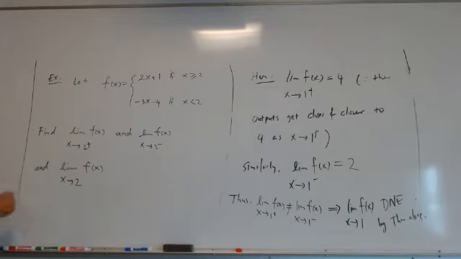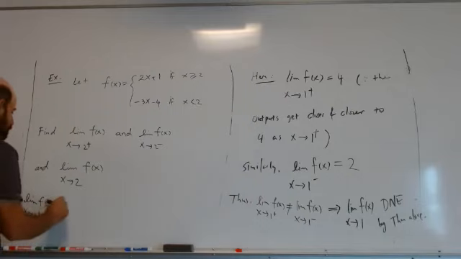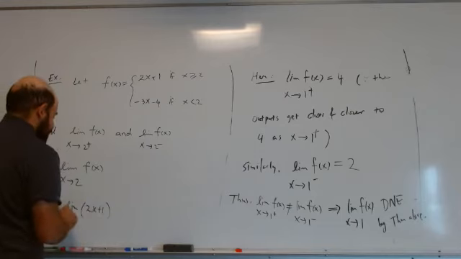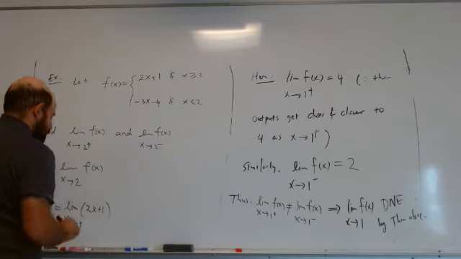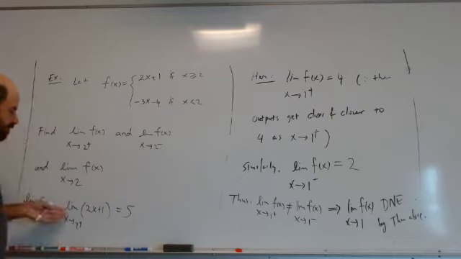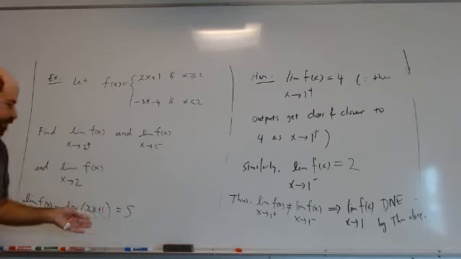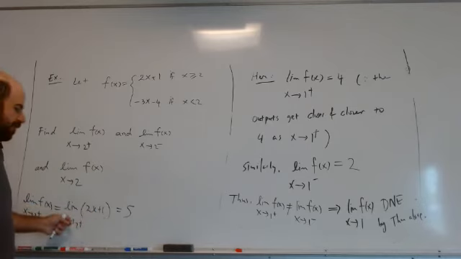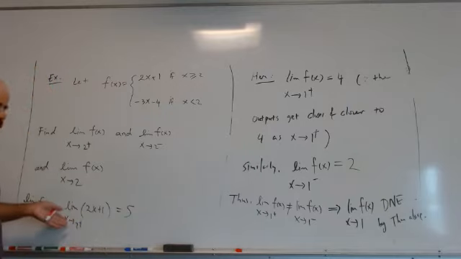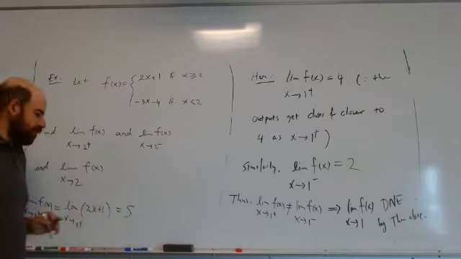So from the right, this is the limit of 2x plus 1 as x approaches 2 from the right. So we can check that this is 5. We already did this, I think, in one of the examples before. We checked that the whole limit of 2x plus 1, whether x approaches 2 from the right or from the left, is 5. So if the whole limit is 5, of course, each one-sided limit is also 5.